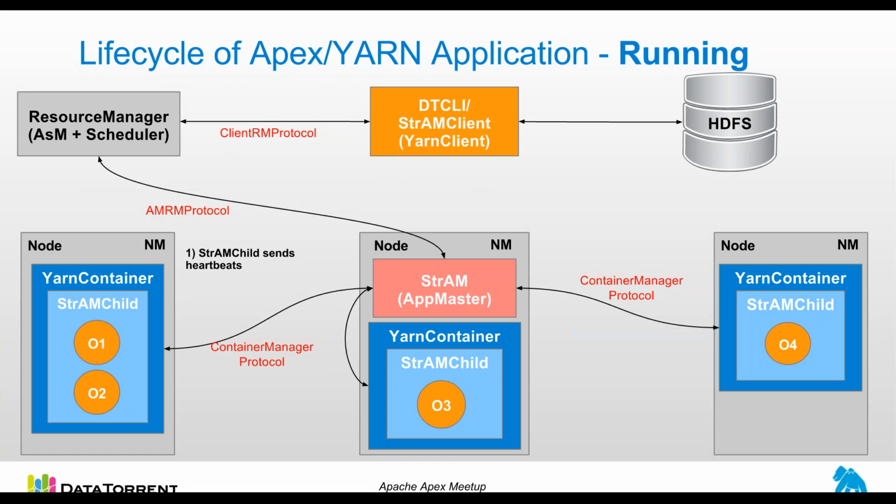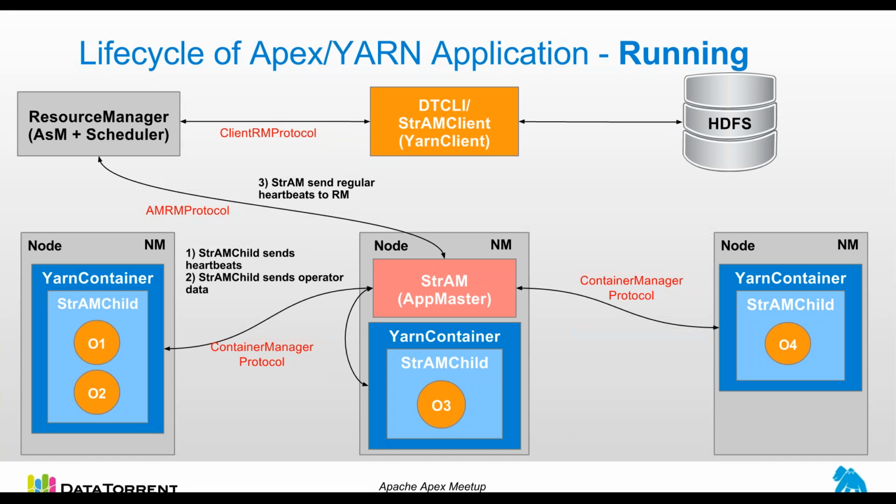It also sends some statistics related to operator and tuple processing. Now, all this data received from various different StrAMChild is consolidated by StrAM and published on a web service.